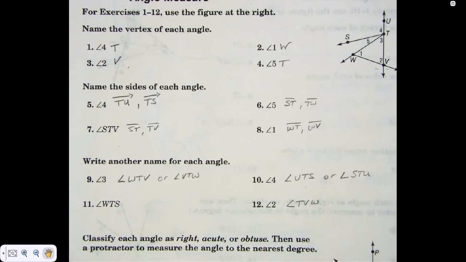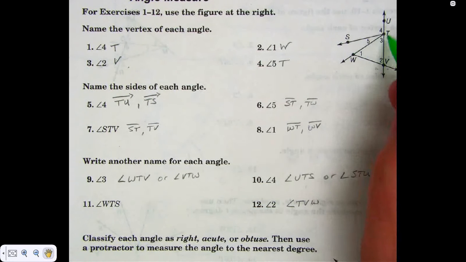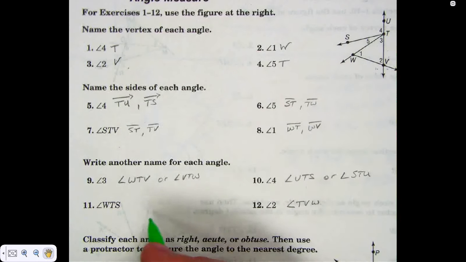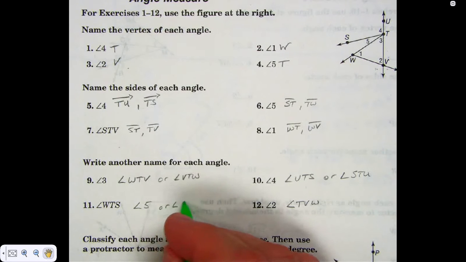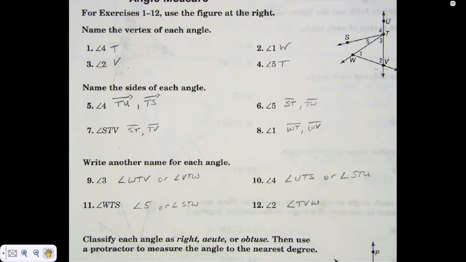Okay? WTS. What's another name for that? How about angle 5? Or angle STW? Questions there?